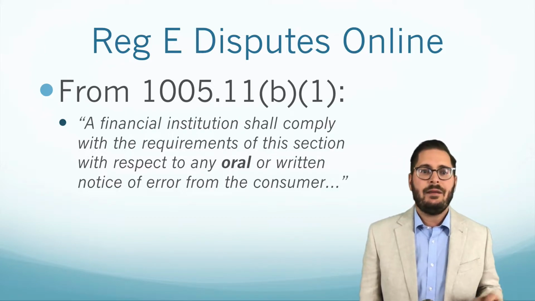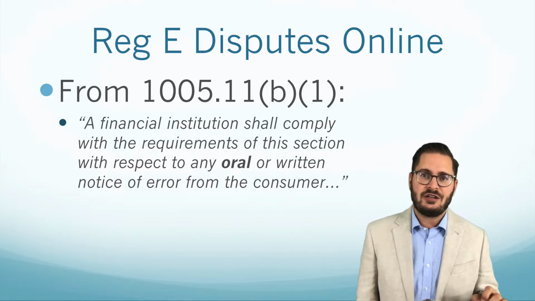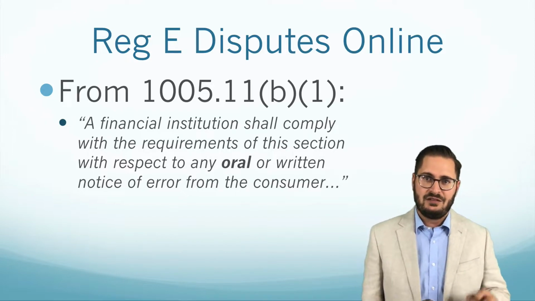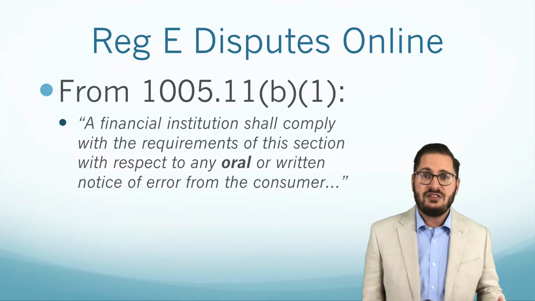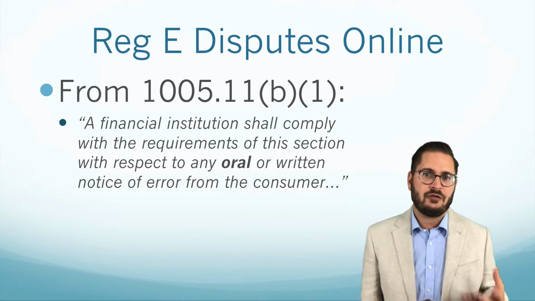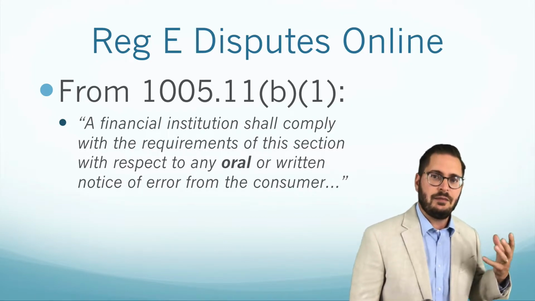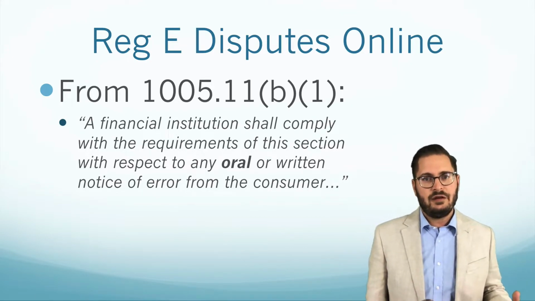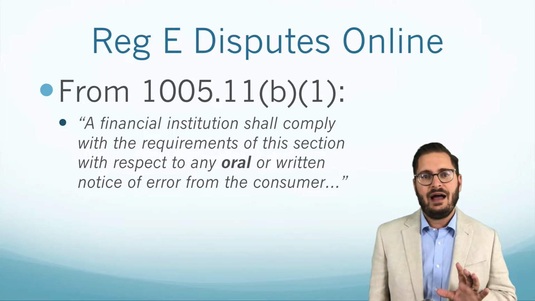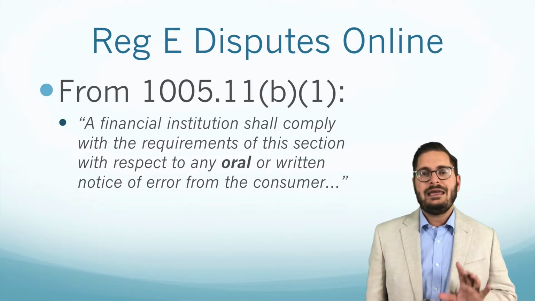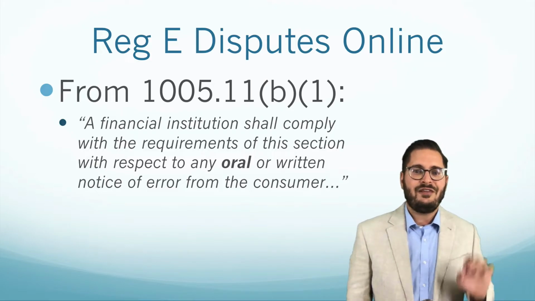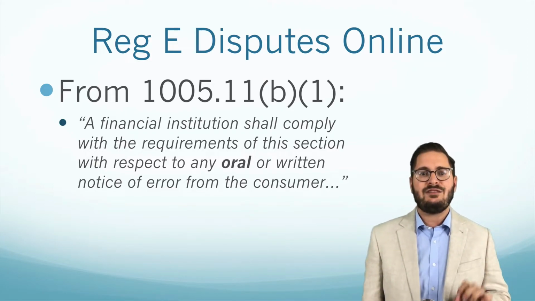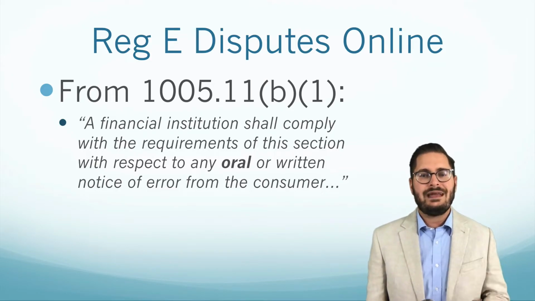So what they're talking about here is the requirements of this section are the dispute processes or the procedures for resolving errors under Regulation E. So when a customer has a potential error and they want to dispute it, this rule under 1005.11(b)(1) says that you must follow these rules with respect to any oral or written notice.